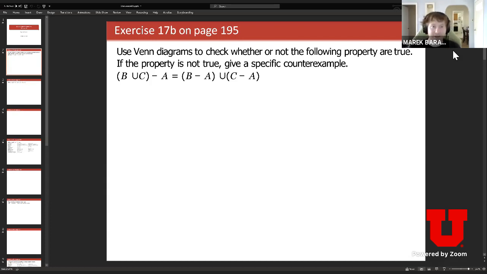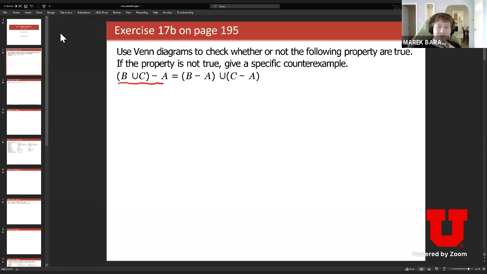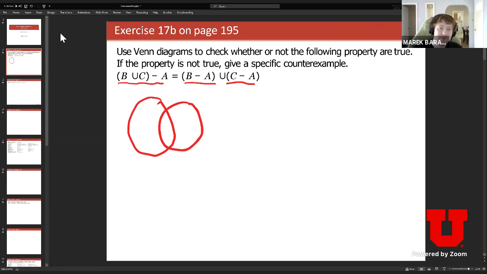So we're going to do this one where we're going to use some Venn diagrams to show that B union C minus A is equal to B minus A union C minus A. So to get started, remember you need to have your sets where all of these intersections appear in your drawing.